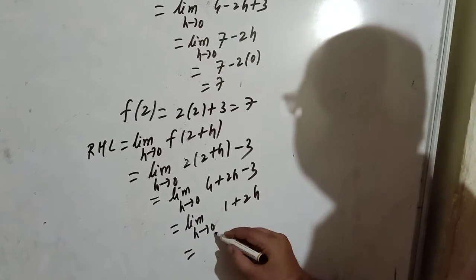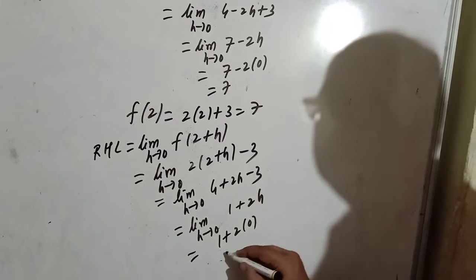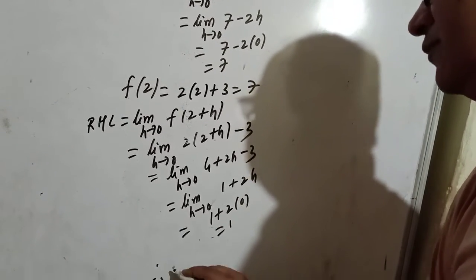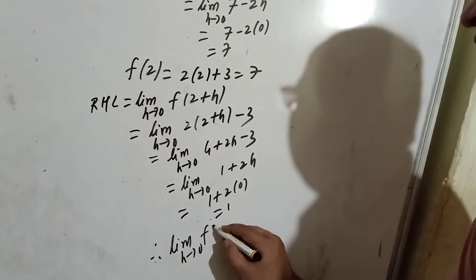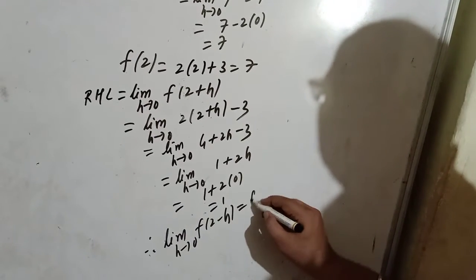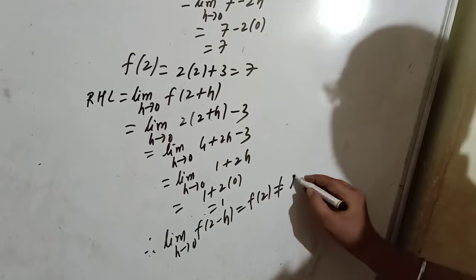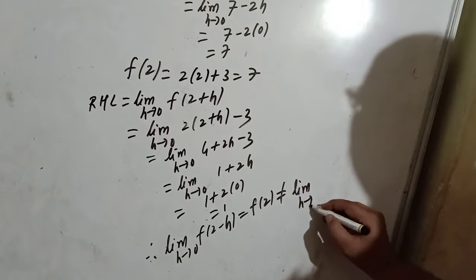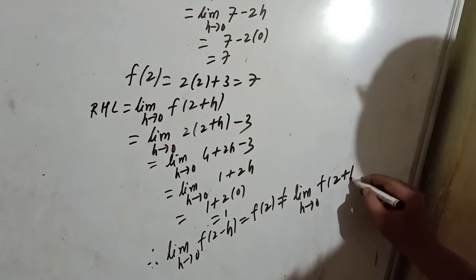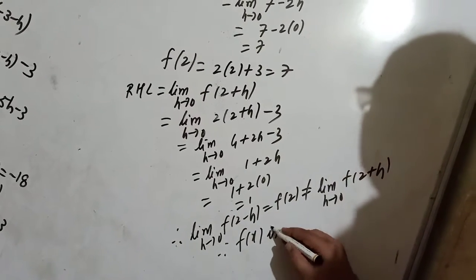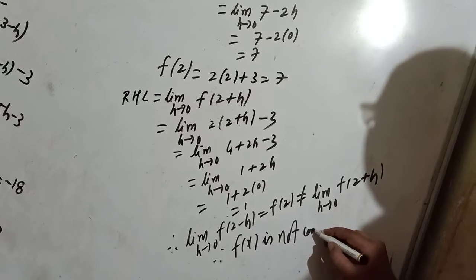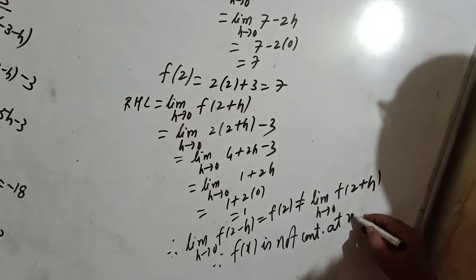So substitute h as 0, 1 plus 2 into 0 is 1. Therefore, limit h tends to 0, f of 2 minus h is equal to f of 2, but not equal to limit h tends to 0, f of 2 plus h. All three are not equal. Therefore, f of x is not continuous at x equal to 2.